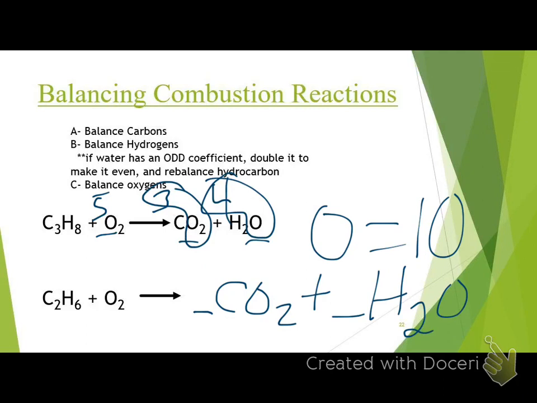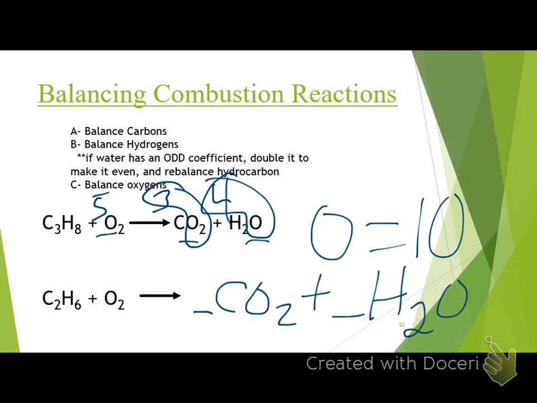That's what you need to do. But be careful, because I won't always give you the products. So really look at the reactants. It'll always have C, H, O. So it's going to be CH plus oxygen, or it could be CHO plus oxygen.